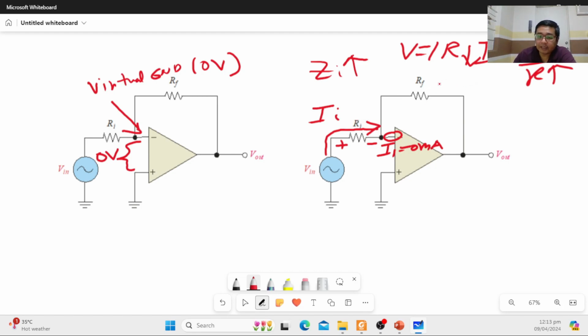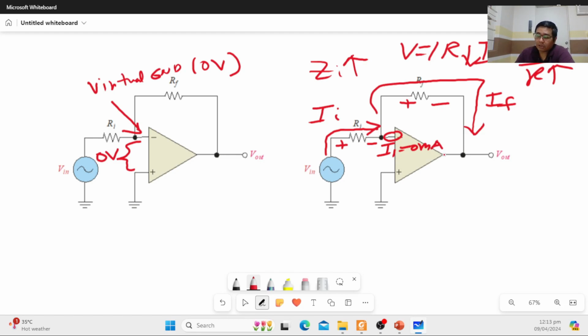Alright. And then next, since itong kuryente natin I sub I ay pumupunta dito sa node na to, it will be divided into two. So one is I1 and another one is IF. So we will call that IF. And then the induced voltage across RF is plus minus, ito yung kanyang polarity. And then we have V out.